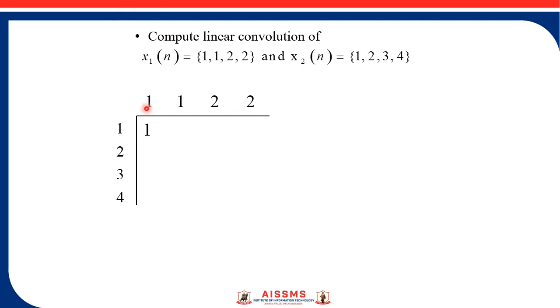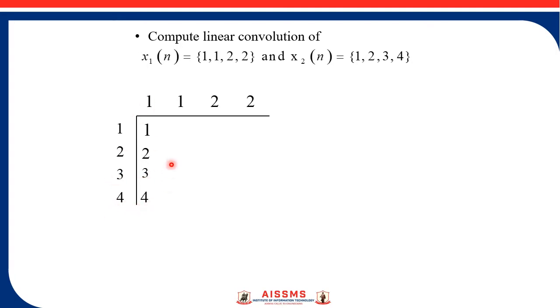Now the first element in the first column is getting multiplied with the first element in the second row. So 2 multiplied by 1 is 2. Then 1 multiplied by 3 is 3. And 1 multiplied by 4 is 4.